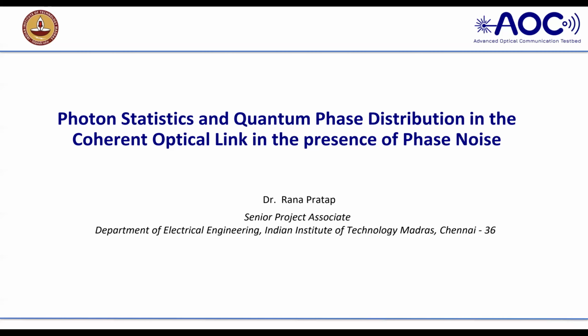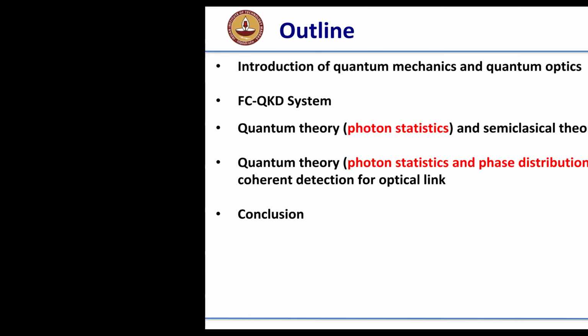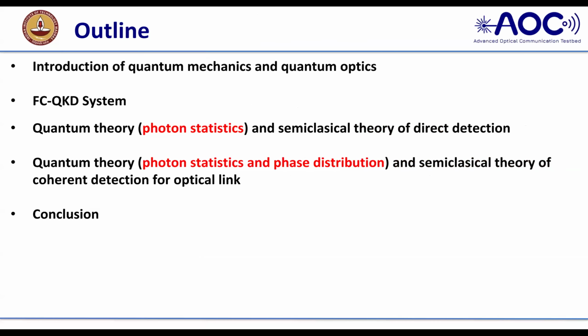So the title of what we are going to discuss today is the photon statistics and quantum phase distribution in the coherent optical link in the presence of phase noise. The outline of the talk: I will discuss the basics, an introduction to quantum mechanics and quantum optics, and this will show how it can be applied to quantum key distribution systems.